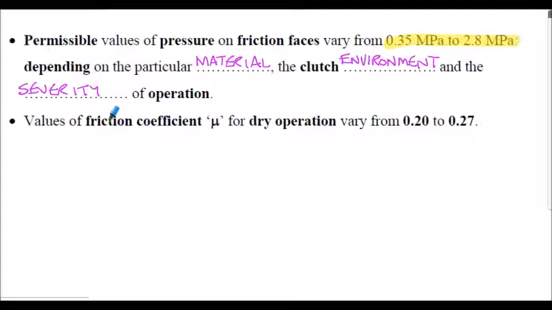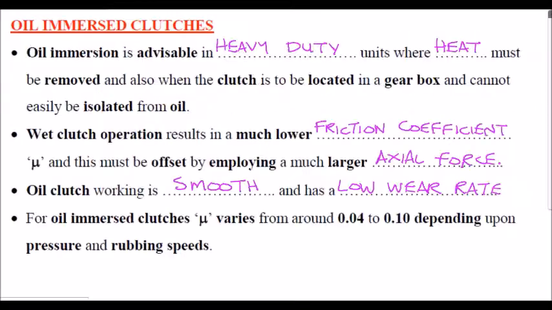The friction coefficient, symbol mu in most cases, for dry operations ranges from 0.2 to 0.27-ish. And you'll see in a moment it's much, much lower when you've got a wet configuration. So 0.2 to 0.27, normally 0.3 for dry friction clutches.